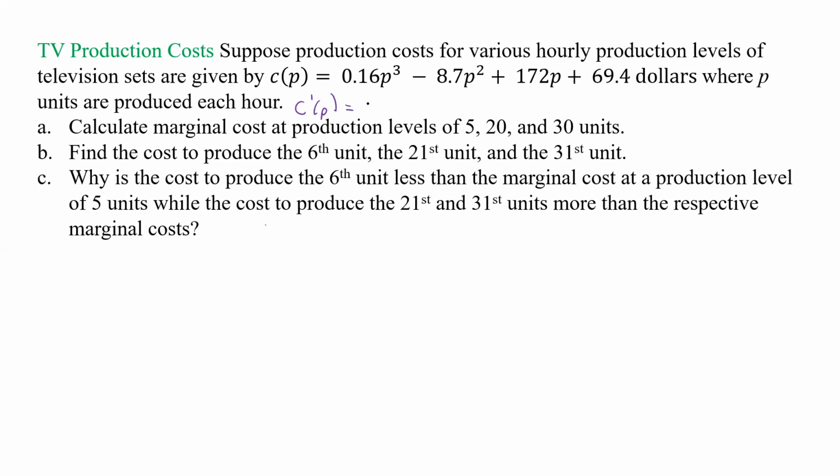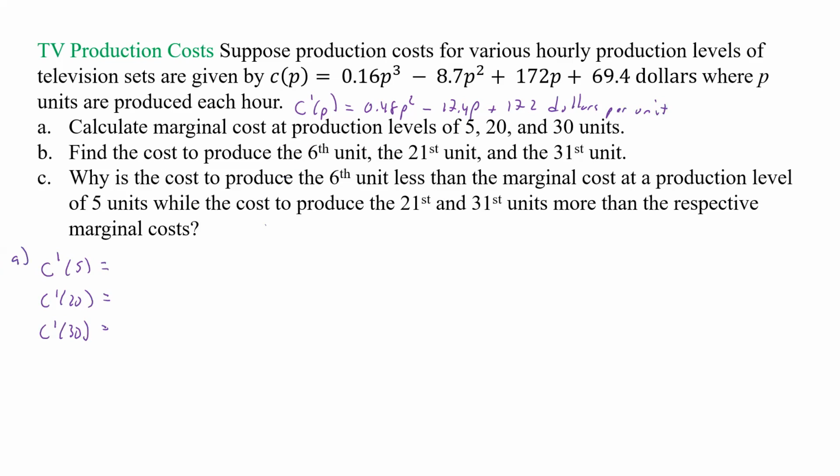If we do that, we'll have 3 times 0.16, which is 0.48p squared, and then minus 17.4p plus 172, and the constant gets dropped. That's going to be dollars per unit.